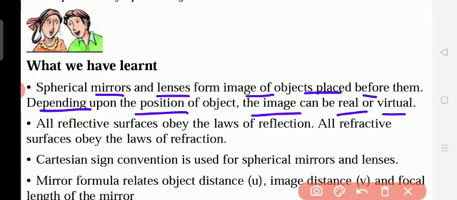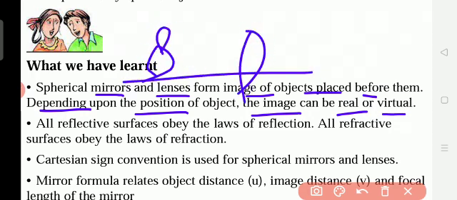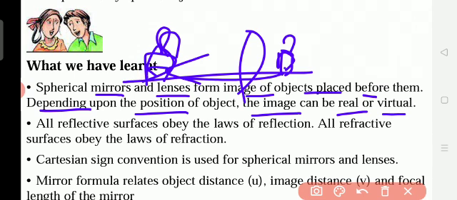For example, with spherical mirrors or spherical lenses, when we keep the object here, the formation of the image depends upon the position of the object, where we keep the object. If we keep it here, the image will be a little big, and if it comes here, the image will be real, or virtual and erect.